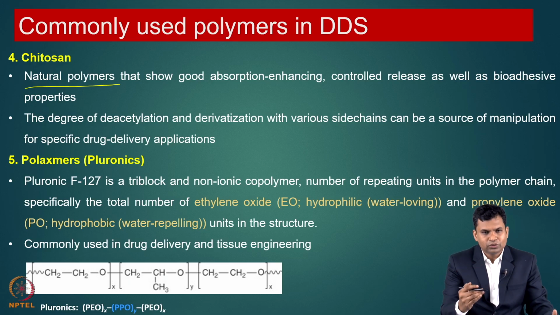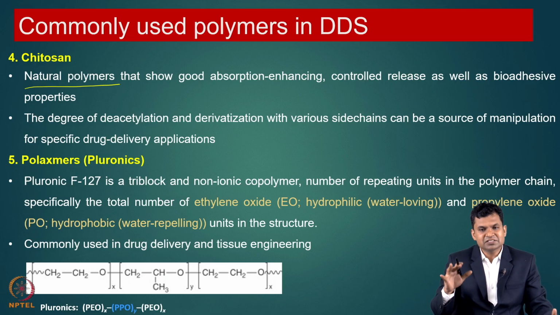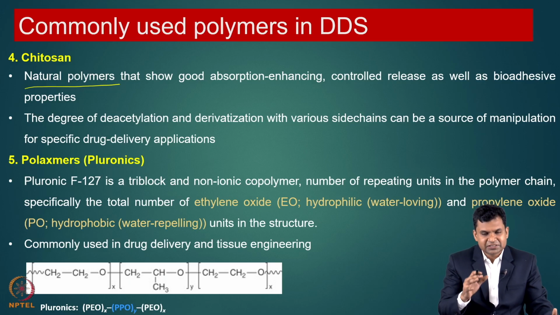It also shows antimicrobial activity. This polymer is one of the most used polymers for drug delivery and tissue engineering applications, because of its properties: the positive charge, pH responsiveness, temperature responsiveness, biodegradability and biocompatibility.